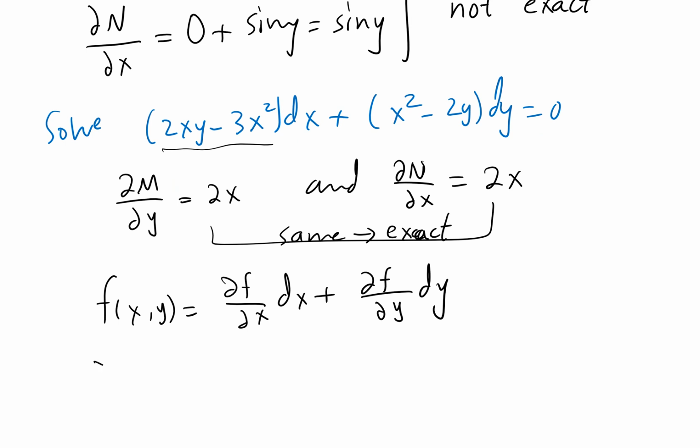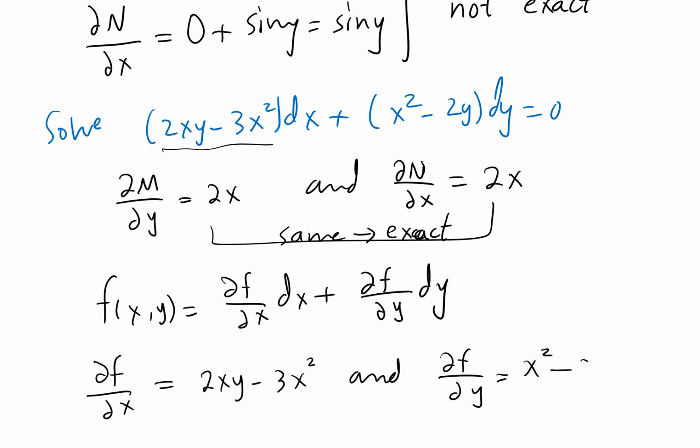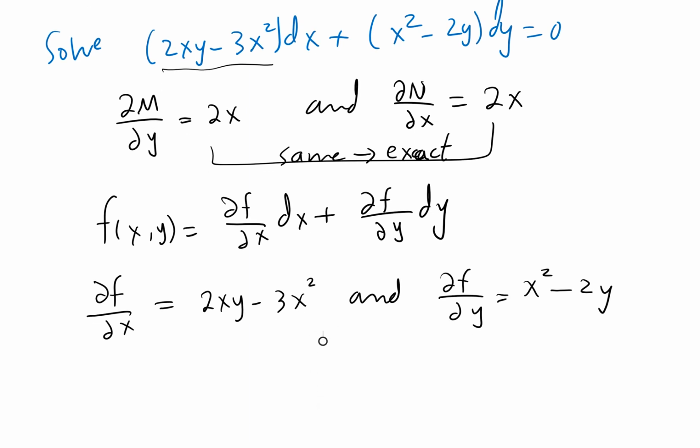So if we convert them, remember partial f partial x is the same as M, which is 2xy minus 3x squared, and partial f partial y is the same as N, which is x squared minus 2y. So what we're going to do is find the function f(x,y), which is the general solution to this differential equation. And to start with this, you can select either one of these partials.